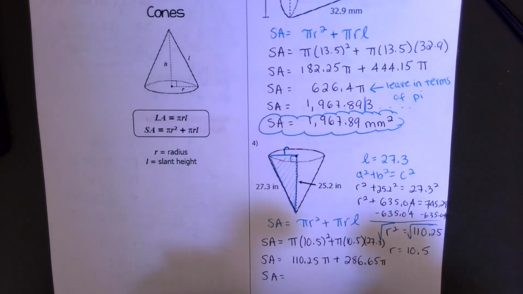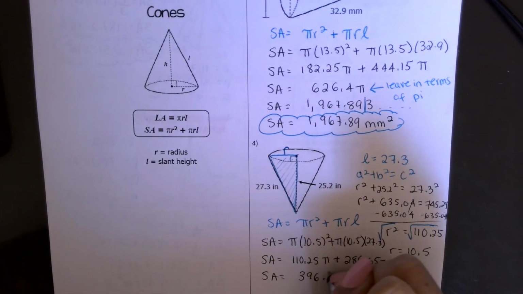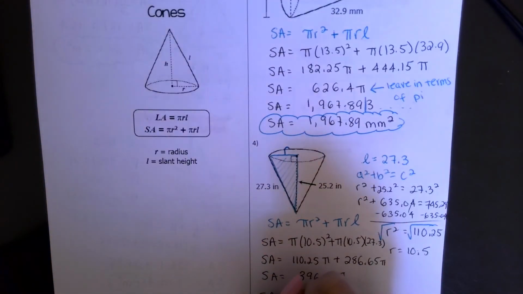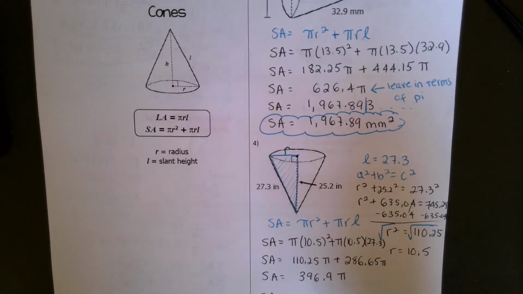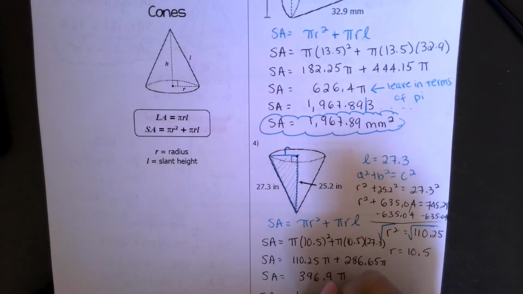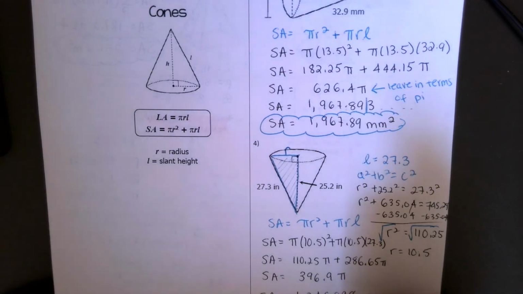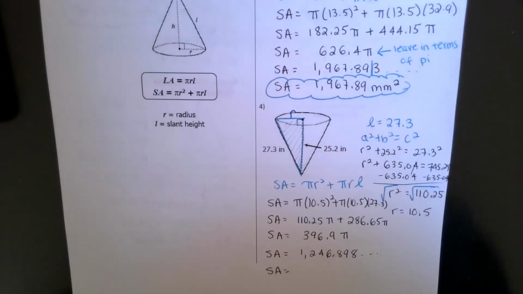So I'm going to add, you get 396.9 pi. So that's if you want to leave in terms of pi. And if you want to put as a decimal, which we're going to do now, we multiply it out. I'm going to round to the nearest hundredth. So you get 1,246.898, and so on.